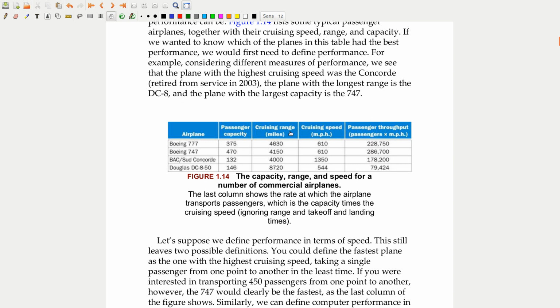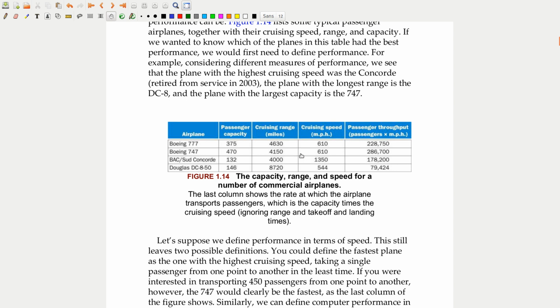Here we have a lot of different metrics to look at. We have passenger capacity, cruising range in miles, cruising speed in miles per hour, and then passenger throughput, which is passengers per mile per hour.